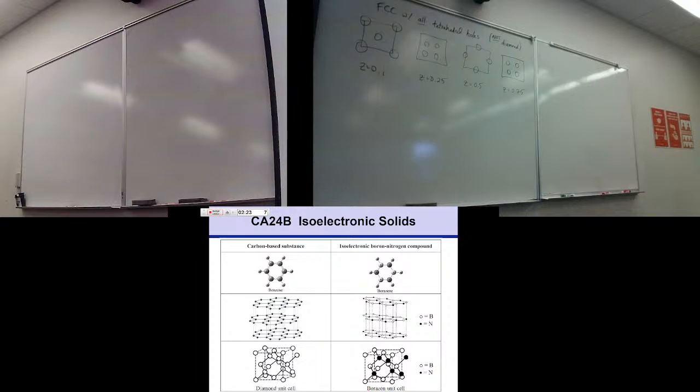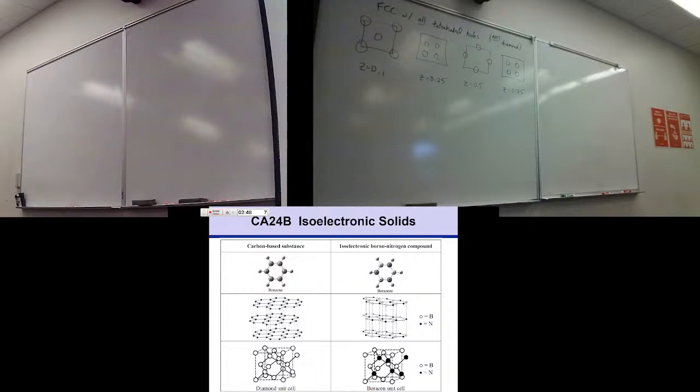So remember, carbon has 4 valence electrons, and I've got 6 of them here. If I ignore the hydrogens, 6 times 4 is 24 electrons in that ring. Well, what if I replace half of the carbons with nitrogen and the other half with boron?